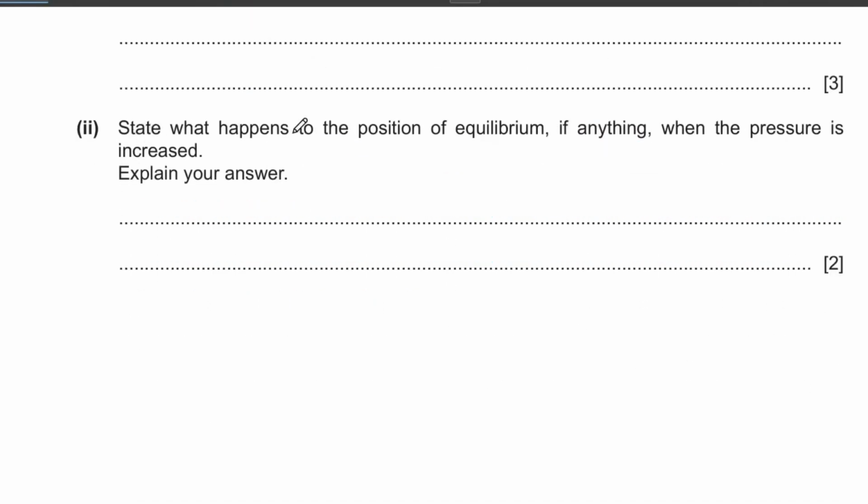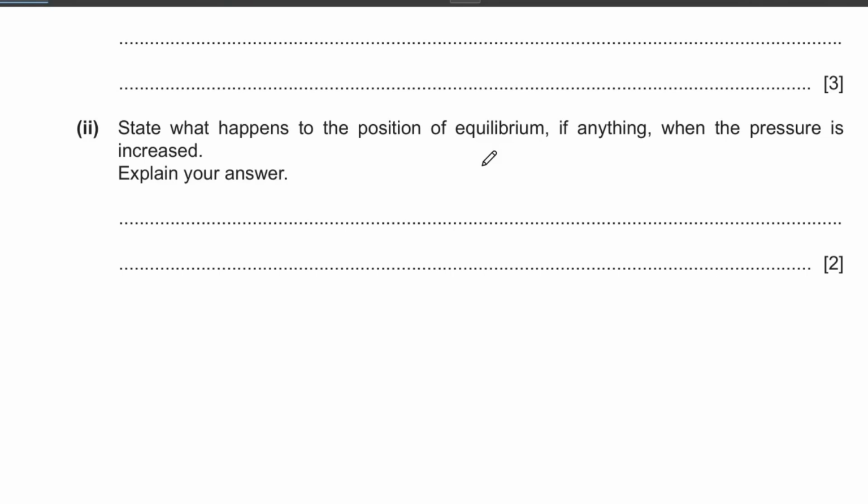Next question, state what happens to the position of equilibrium, if anything, when the pressure is increased. Explain your answer. Now you see this is the question that is asking us about position of equilibrium, not rate of reaction. So for position of equilibrium, when pressure is increased, we say that the equilibrium will shift to oppose that change in pressure.